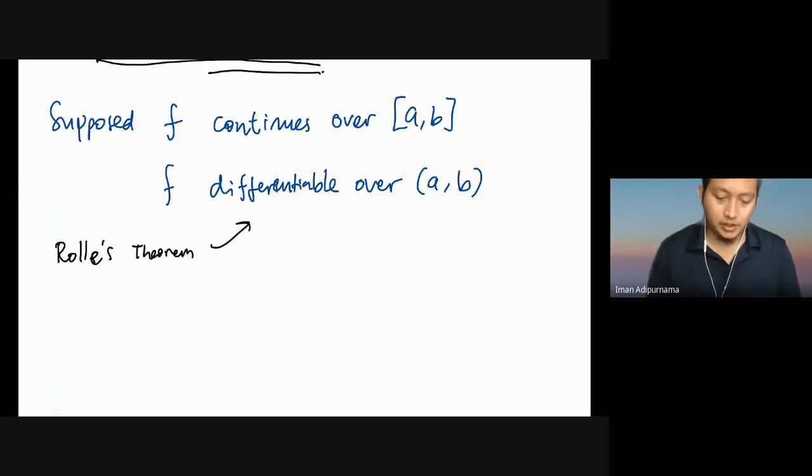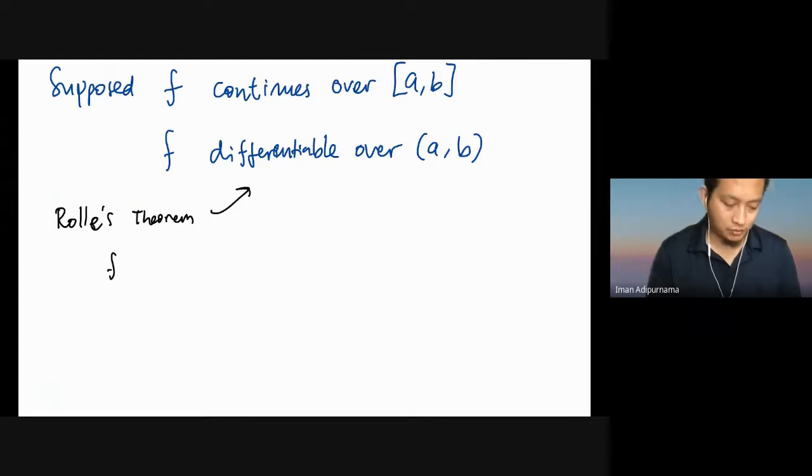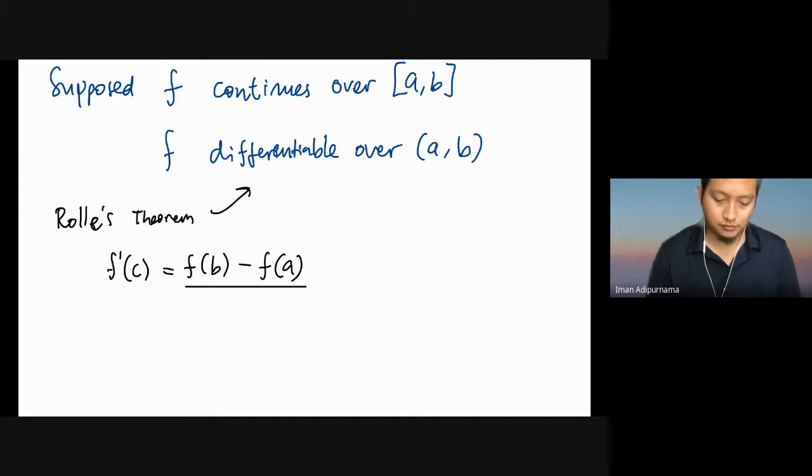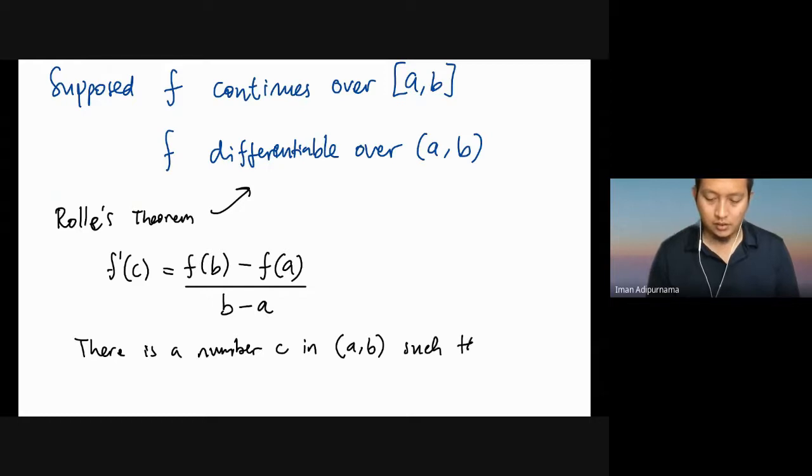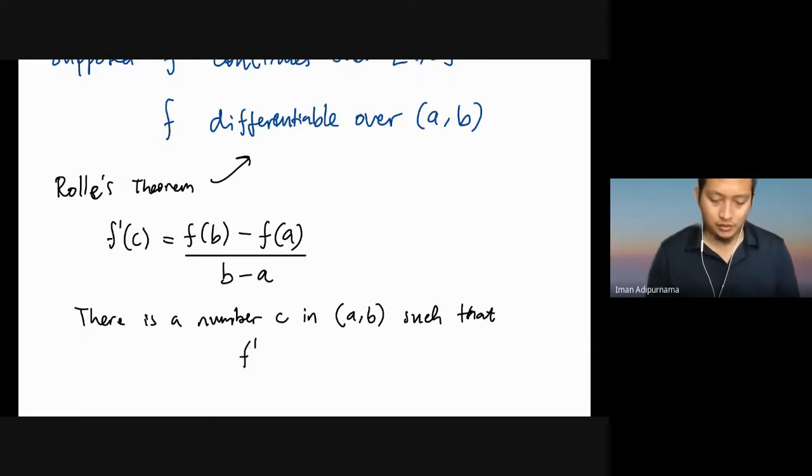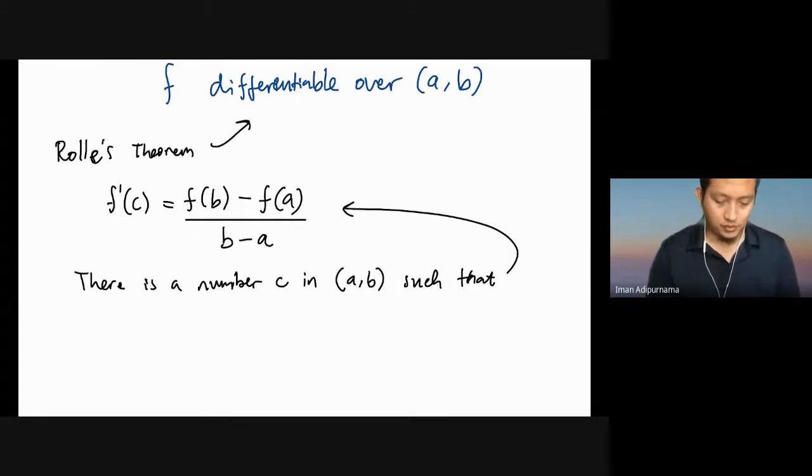Yeah, Rolle's theorem is this, and the other definition is there will be this consequence, or we can say that there is a number c in (a, b) such that f prime c, or such that this, okay, or we can write also in terms of this.